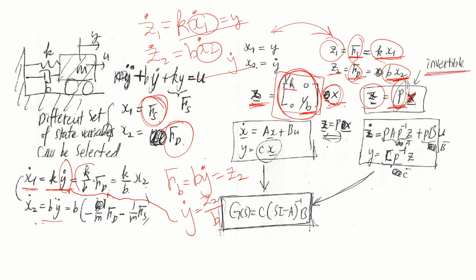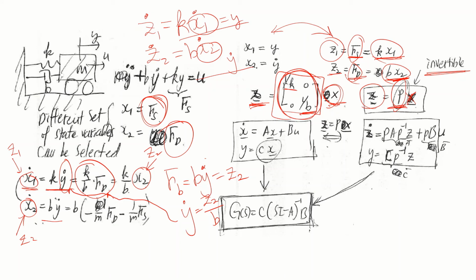Okay, then you have this, right? So z1 dot is k over b times x2. Here x1 is z1 and this is z2. Let me use just different notations to clarify the things.